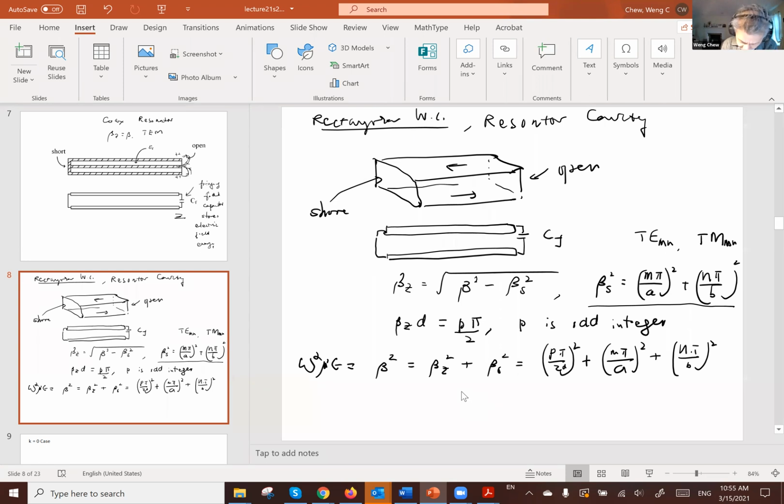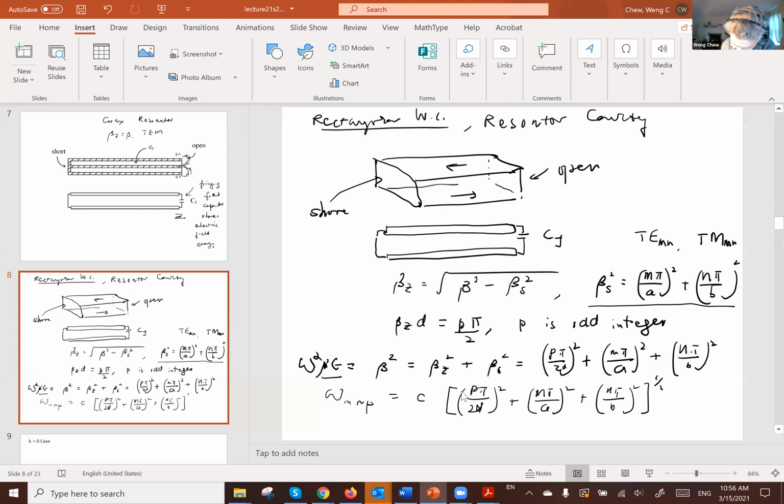And then the resonant frequency of the cavity, usually called omega MNP, okay, will be given by c times the square root of (P pi over 2D) square plus (M pi over A) square plus (N pi over B) square.